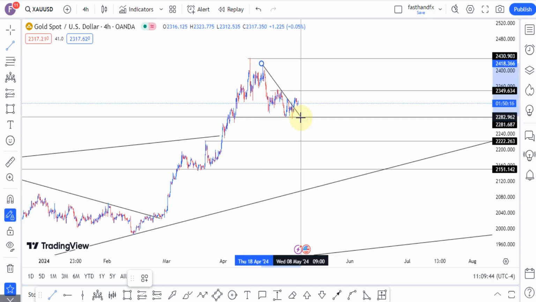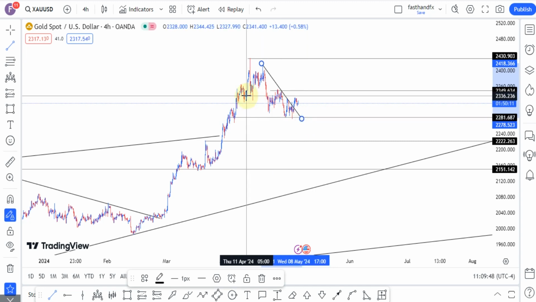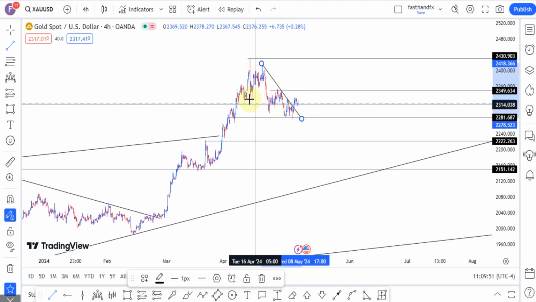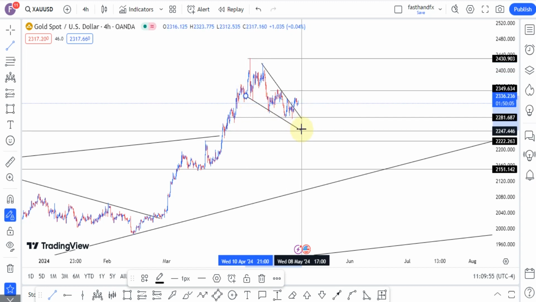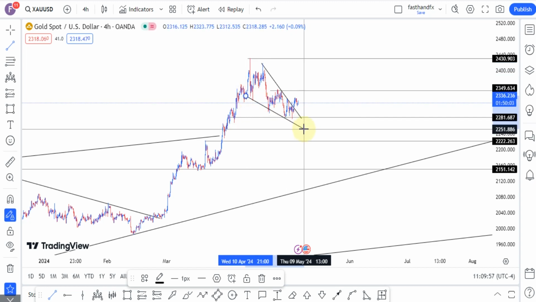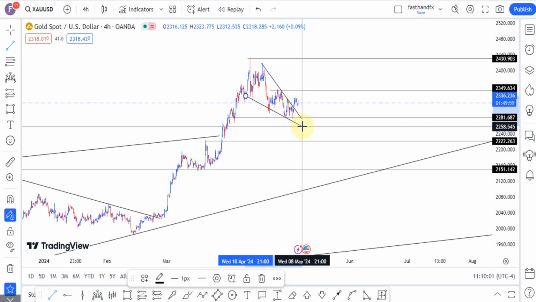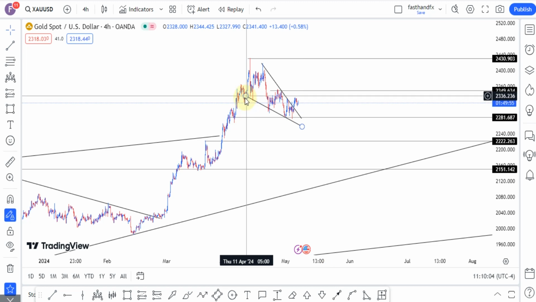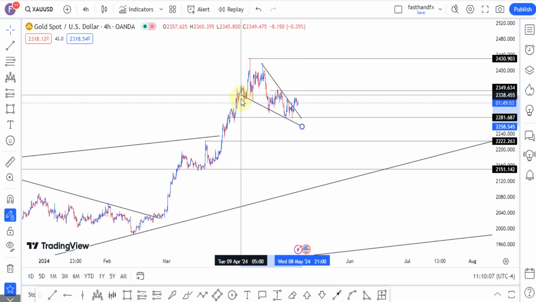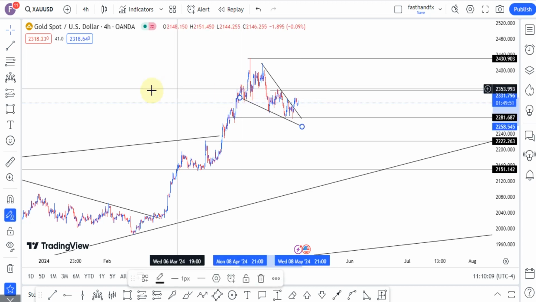And whenever you see a bullish flag, that's some kind of continuation pattern, guys. So if the market was going upwards and it starts giving you this kind of structure, you automatically try understand that this market is giving you a bullish flag, and that is a continuation pattern. That means that the market will continue pushing upwards.